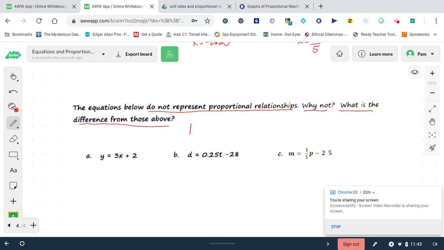They are not in the form y equals kx. They've got some other stuff with them. This is like y equals kx plus 2, and it's got something else stuck on it. That's not proportional.